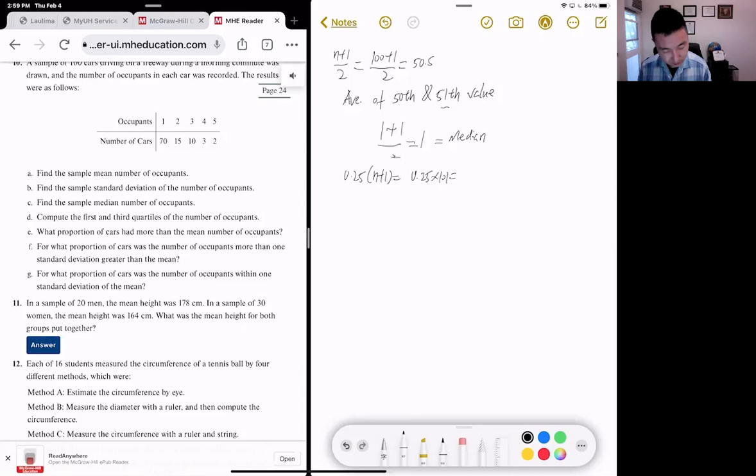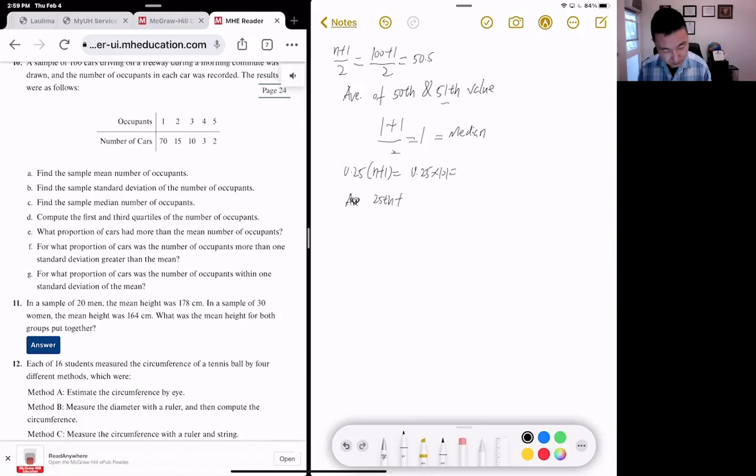That is somewhere between 25 and 26, so we take the average of the 25th and the 26th value. The 25th value is 1, and so is the 26th value. So that is 1.